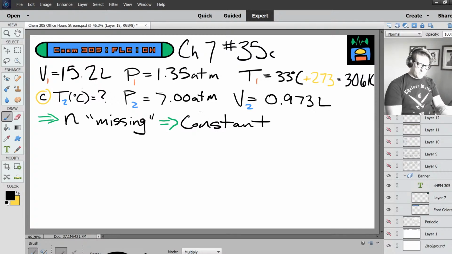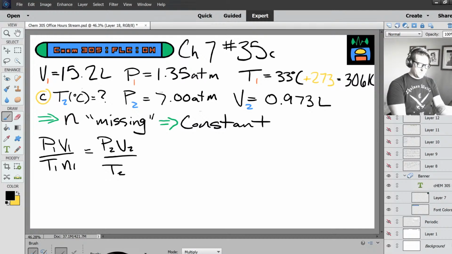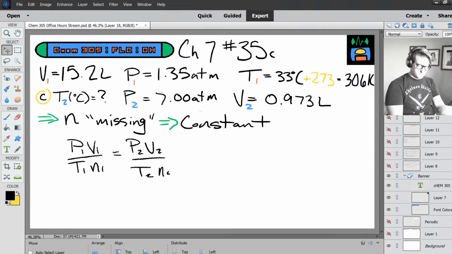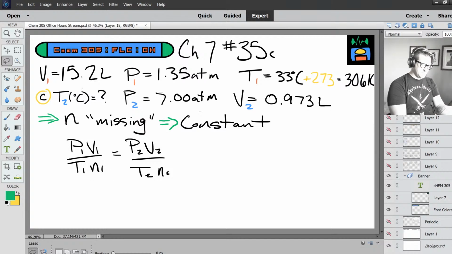We're dealing here with the combined gas law. P1 V1 over T1 N1 equals P2 V2 over T2 N2, and as we've already discussed, moles are constant.